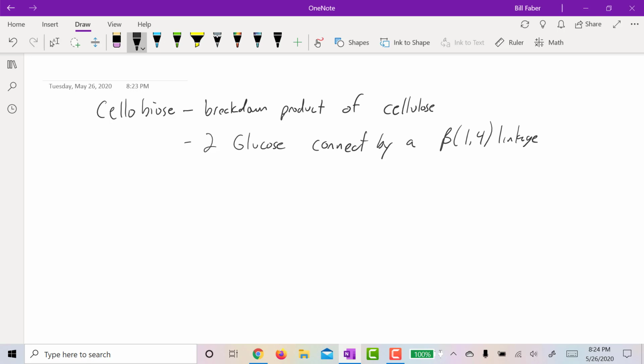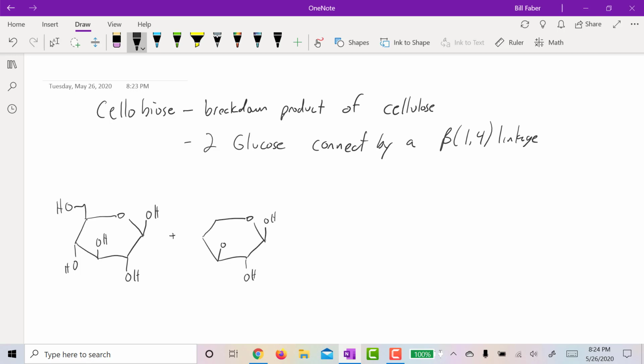So same thing, I'm going to take glucose and start with it, but it's going to be in the beta structure this time. So the one on the left is going to be beta. The one on the right, it doesn't actually matter, but I will draw it in the beta just so we can see it.